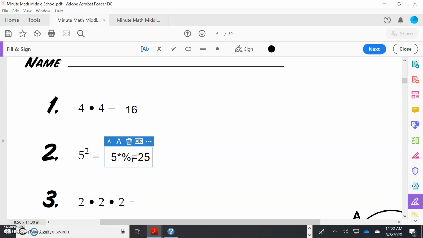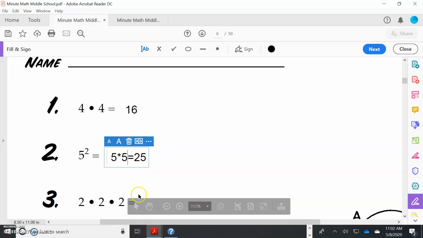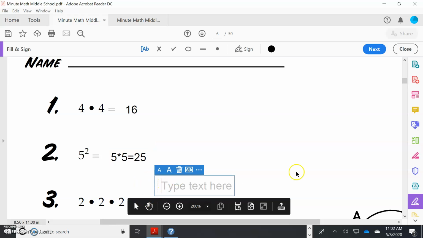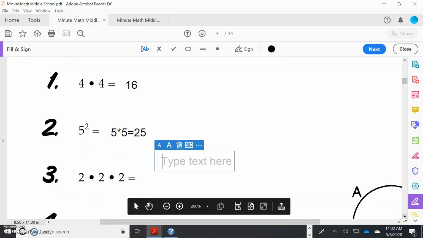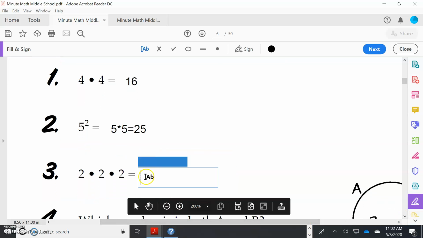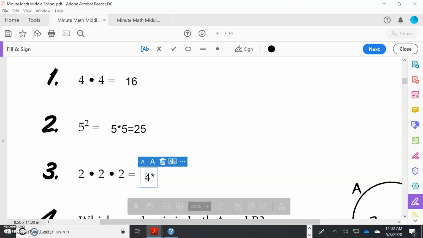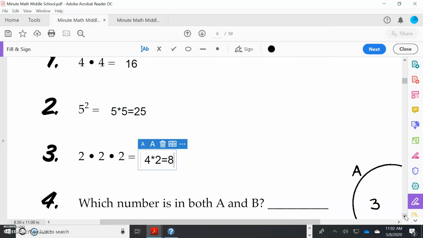Okay, so that didn't work out well. There we go. And then here we're going to do 2 times 2 is 4. 4 times 2 equals 8. Okay, moving right along.